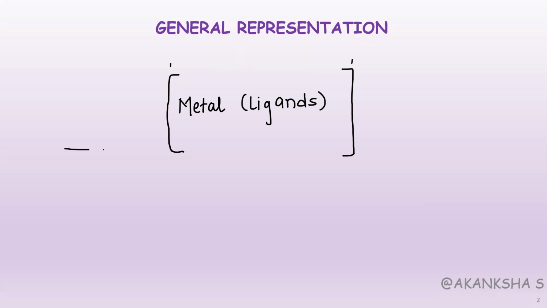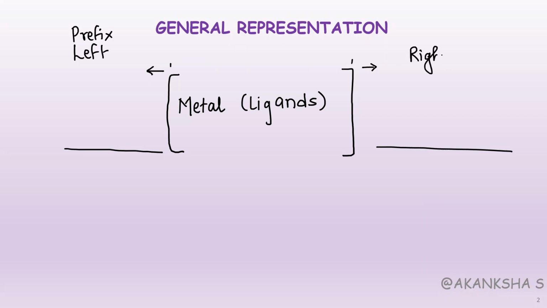Now, the prefix side of this coordination sphere and the suffix side of this coordination sphere, or as we wish to label them, left prefix and right suffix, no matter what you want to name them.